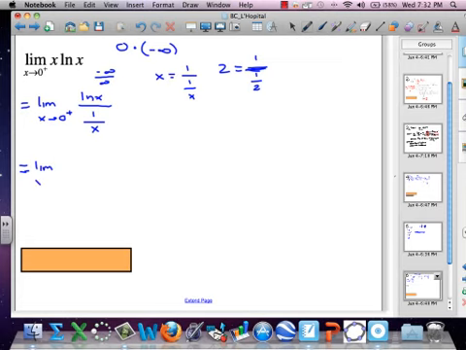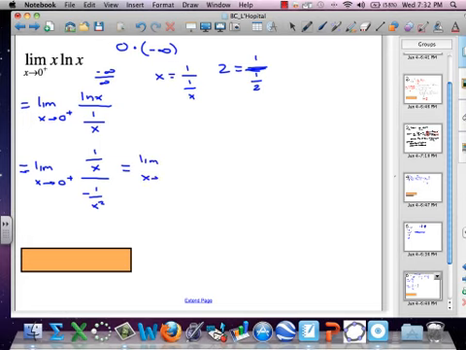So let's use L'Hopital's rule, which says, let's take the limit of the derivative of the numerator, which is 1 over x, divided by the derivative of the denominator, which is negative 1 over x squared. And if we simplify this, before we try to take the limit again, we'll get something very friendly.